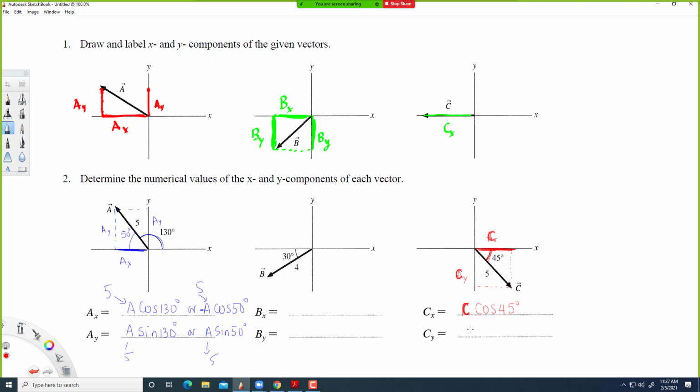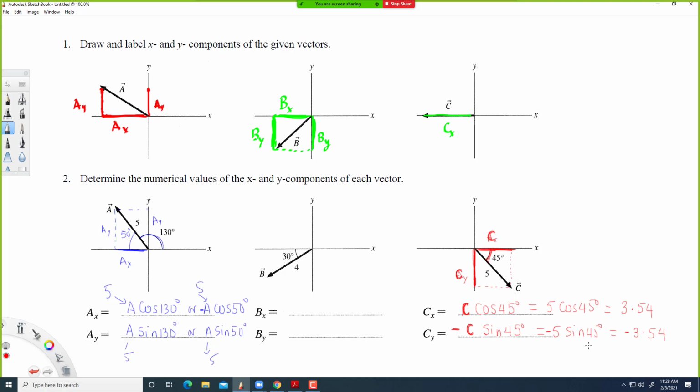But for cy, I'm going to use negative sign because this is below the x-axis. So that's minus sine 45 degrees. So cx is 5 cosine 45 degrees, which will give us 3.54, about that. And cy is 5 sine 45, negative. So that will also give us the same number but with negative sign, 3.54.